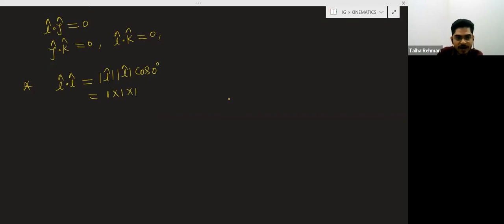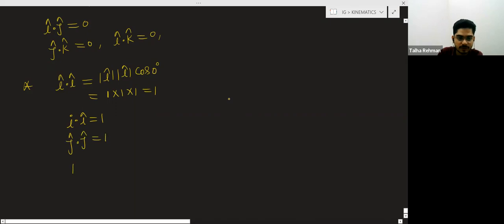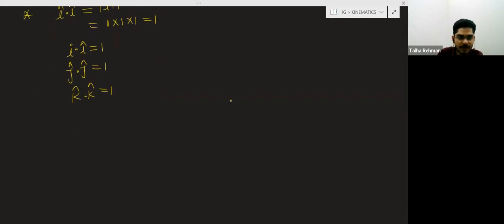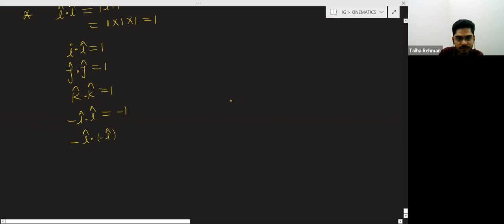So I cap dot I cap you will get 1. Similarly, J cap dot J cap you will get 1. K cap dot K cap you will get 1. And if it is written as minus I cap dot I cap, so it will be minus 1. If it is minus I cap dot minus I cap, then it will be 1. So remember these points.